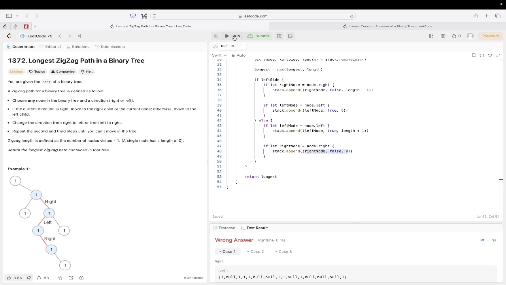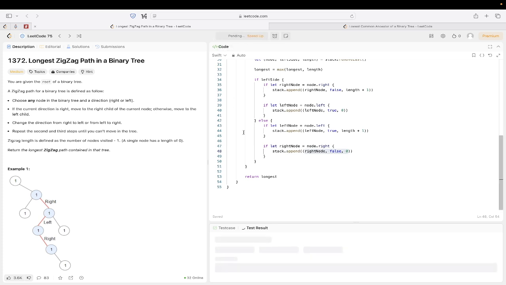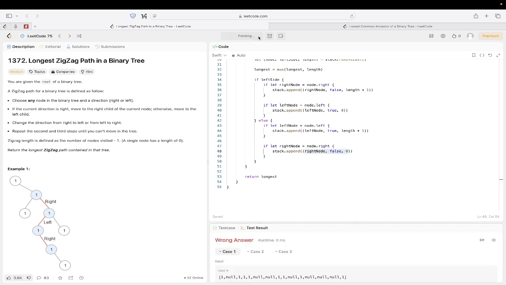Okay. Why is this not passing? Let's see if this is any help.